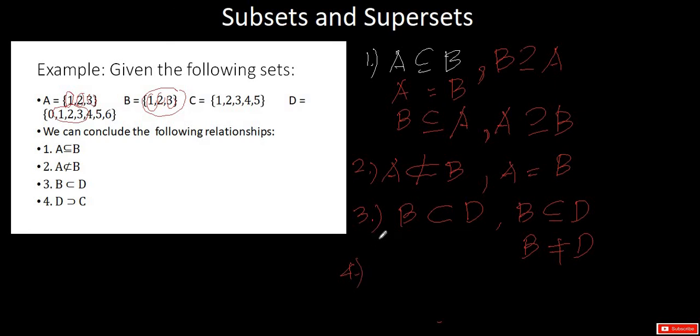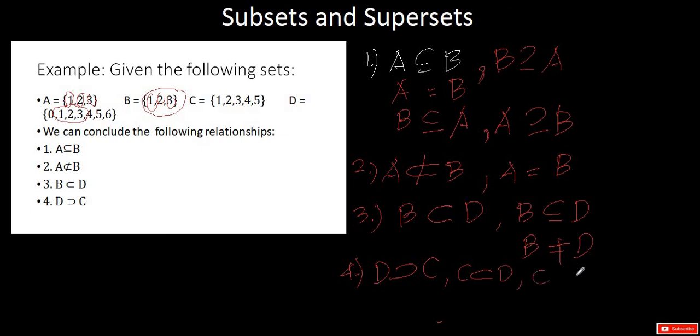Okay, number 4. We have D is a proper superset of set C. If we read or write this notation from right going to left, it follows that C is a proper subset of set D. Now why is it that C is a proper subset of set D? There are 2 reasons.